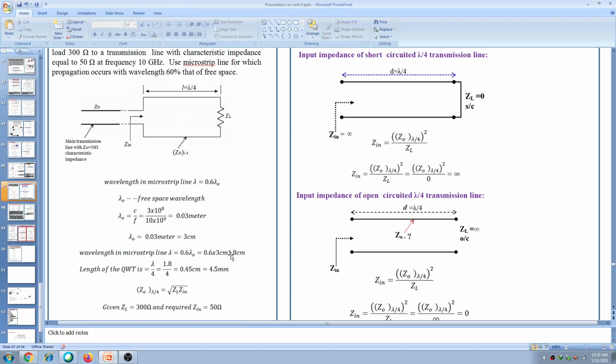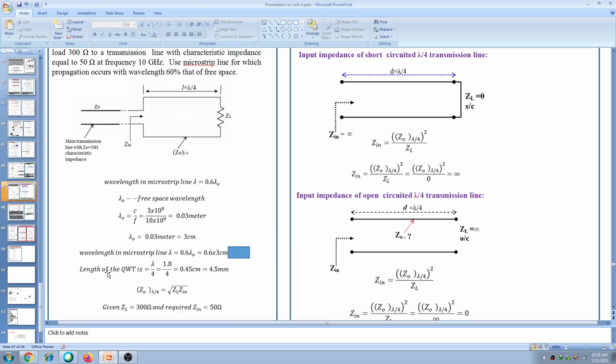I forgot to put the equal sign here. If you do this you will be getting 1.8 centimeter.